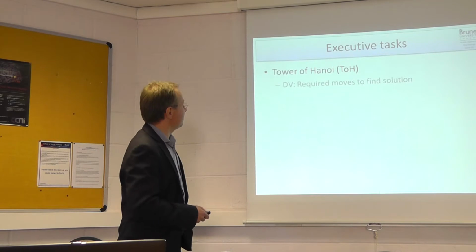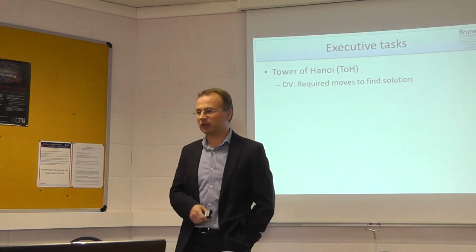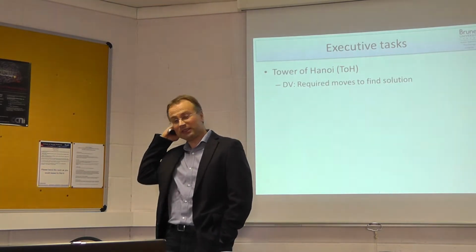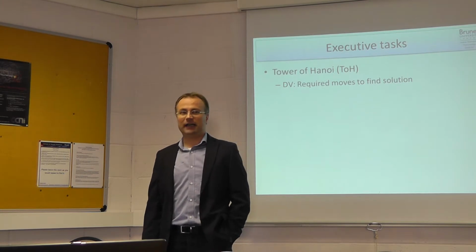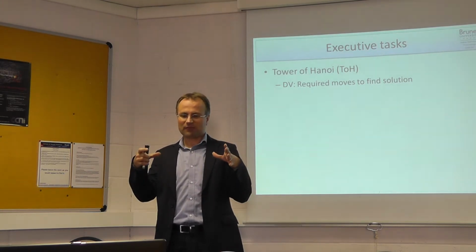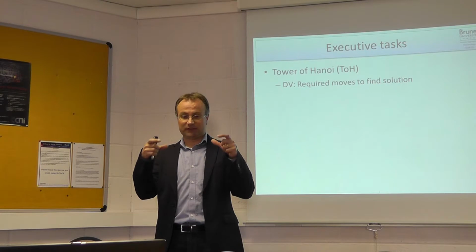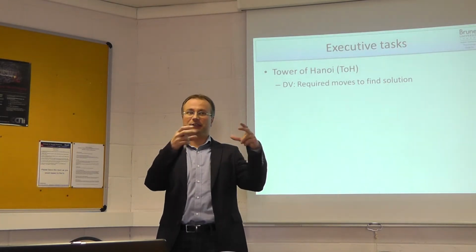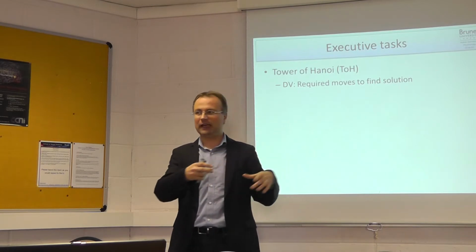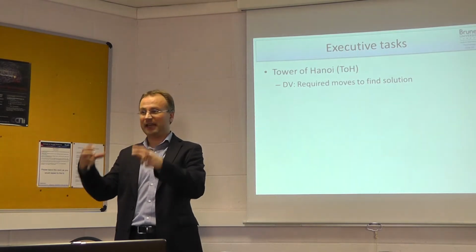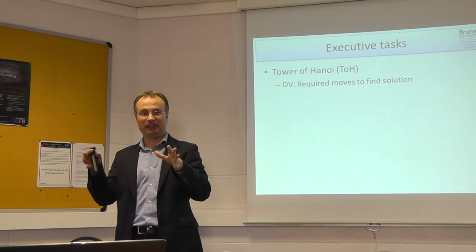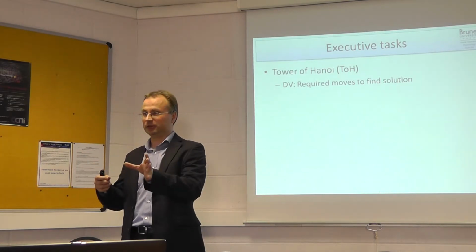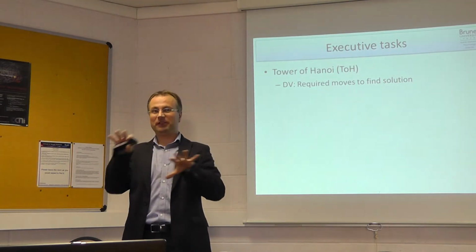Tower of Hanoi. This is a variant of the Tower of London task. It's more complicated by having a start solution, or how the disks are arranged at the start and how they should be arranged at the end. So it can be different, not just put them on a different pole, but it may be a different arrangement.